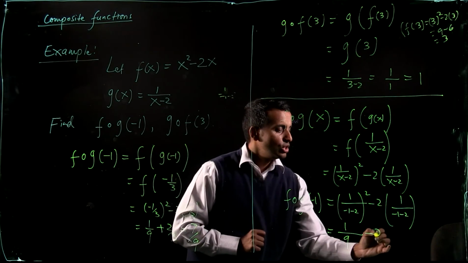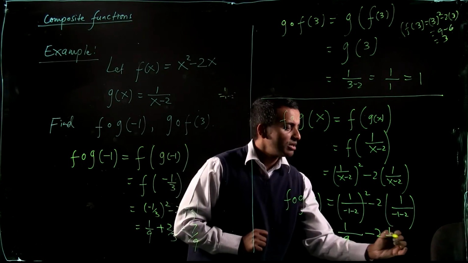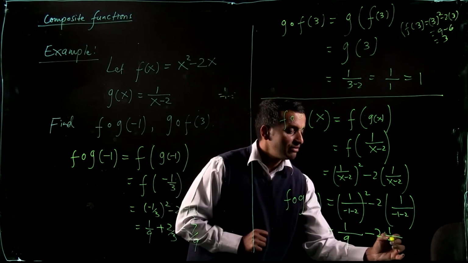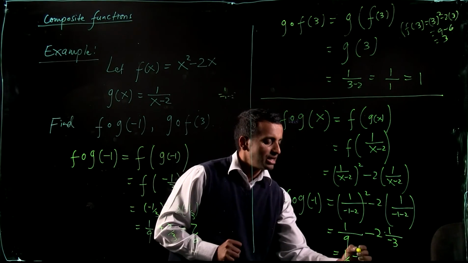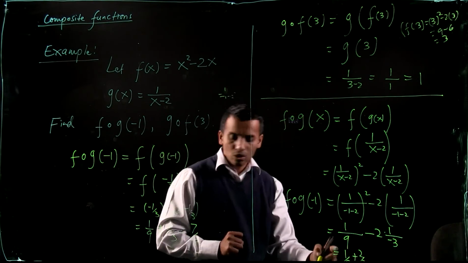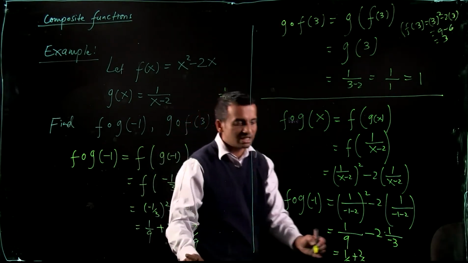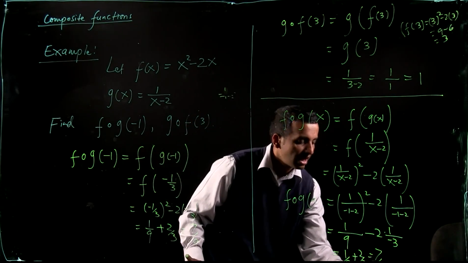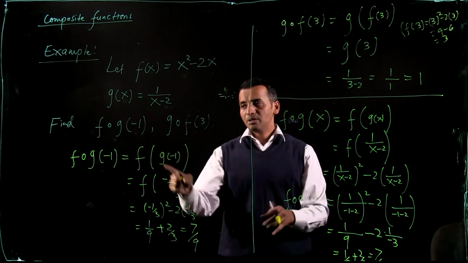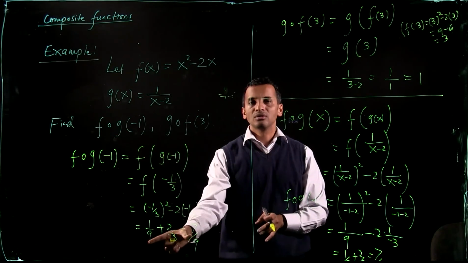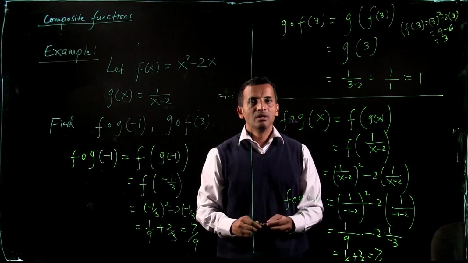Positive 9, minus 2 times 1 over -3. So it is again 1/9 plus 2/3, and we got 7/9. So you can follow either way, but the first is shorter than this method. If it is asked like this, you can follow the easier and shorter method. Thank you guys.